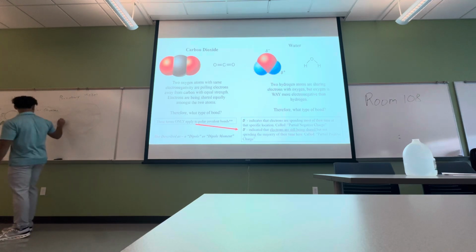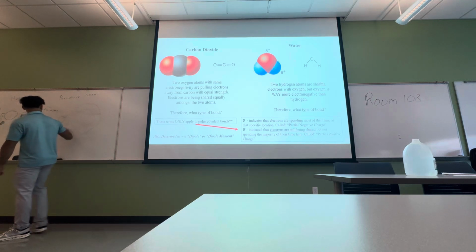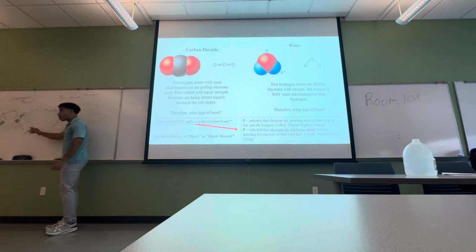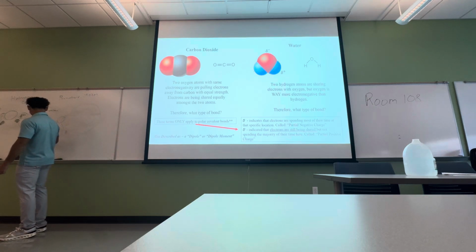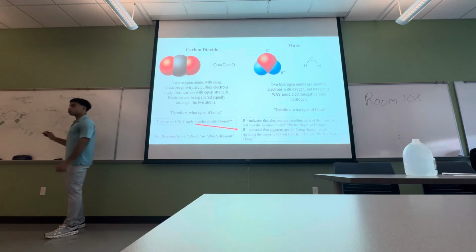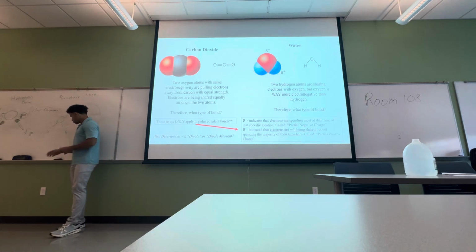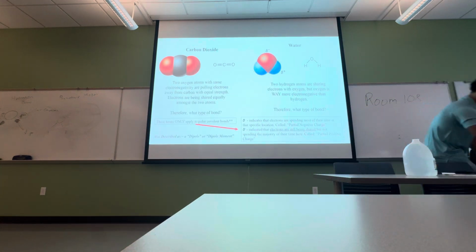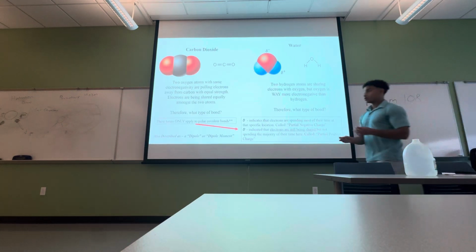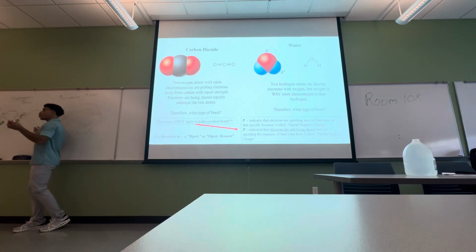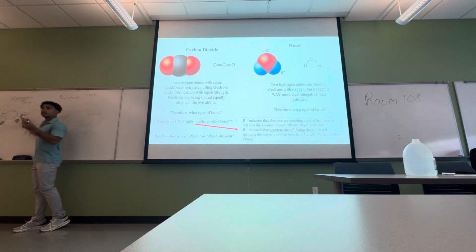And what happens is now you have all of these polar covalent bonds that are forming partial positives and partial negatives. They all have these partial charges to them. And if I have these 2 molecules, these partial positives will attract to the partial negatives.